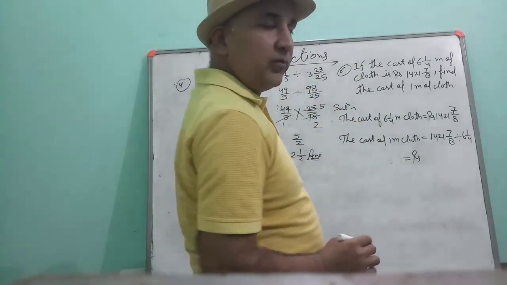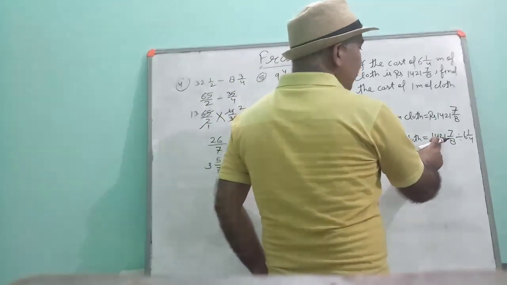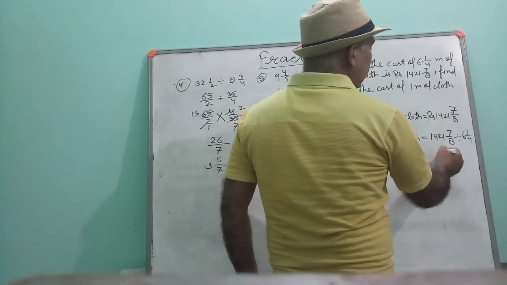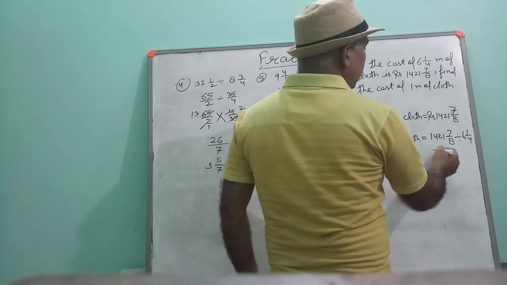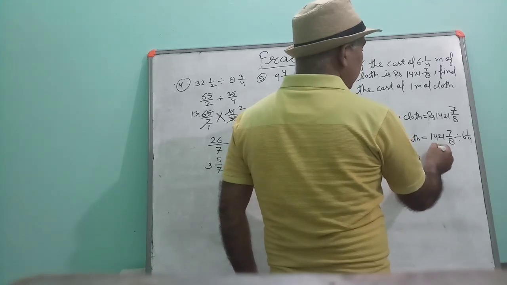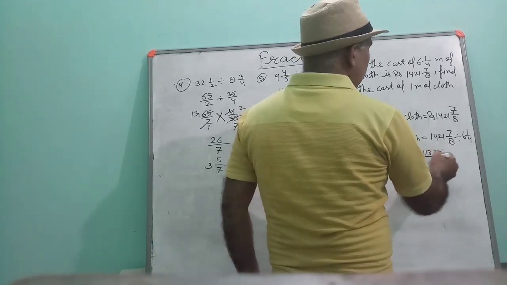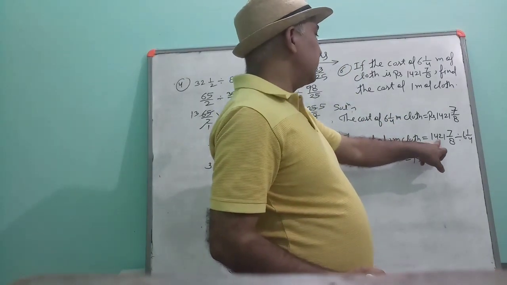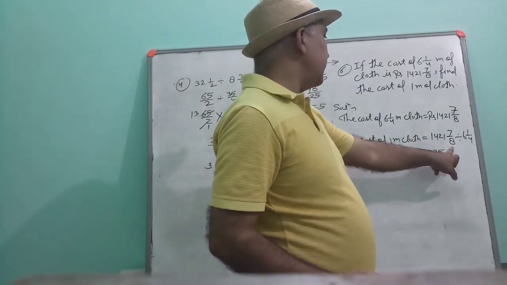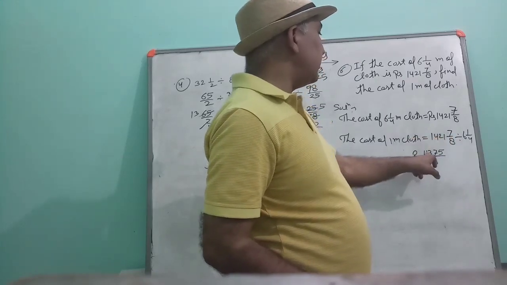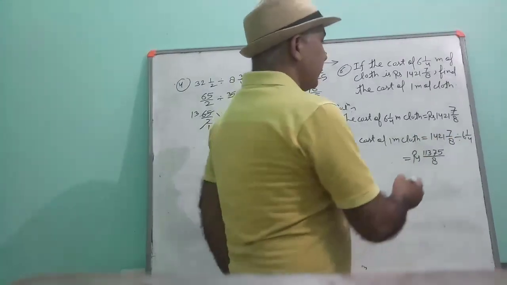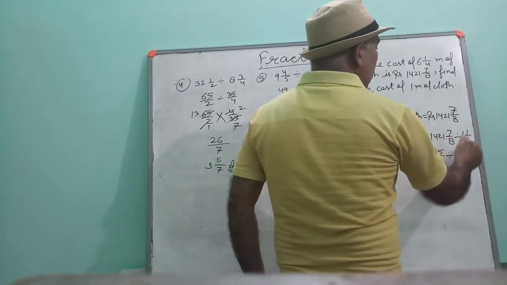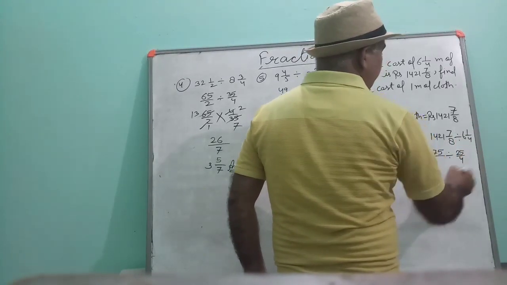Now how to solve it? First it will be multiplied and then the answer will be added with 7. See, when 1421 is multiplied by 8 and 7 is added with that, you will get 11,375 divided by 4 into 6, 24 plus 1, 25.